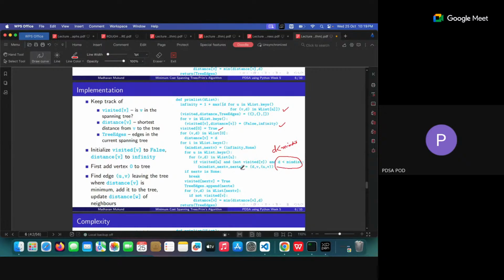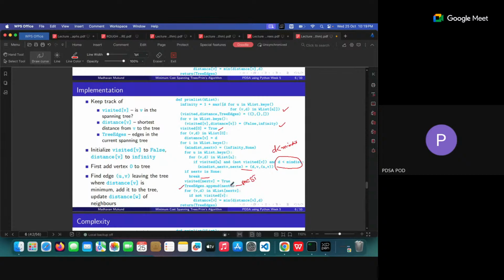Then we are updating whatever it is. If no vertices are there, then we are breaking. That is the last ultimate condition. And the tree edges is nothing but the MCST. Whatever edge is removed from the tree vertices is going to be added to the MCST. MCST is nothing but the tree edges.